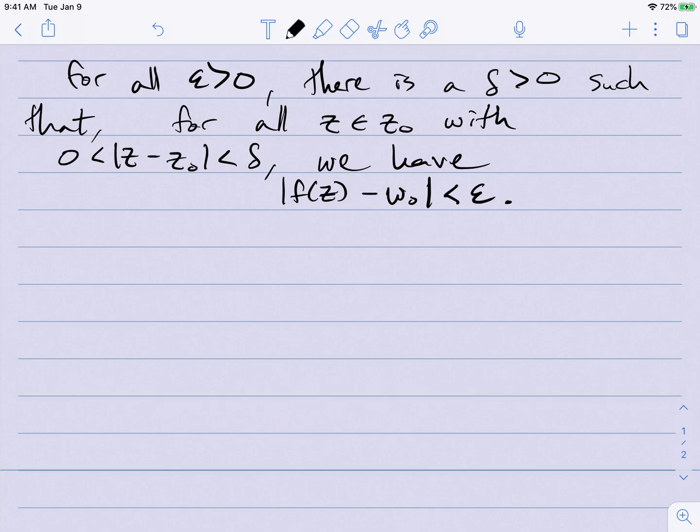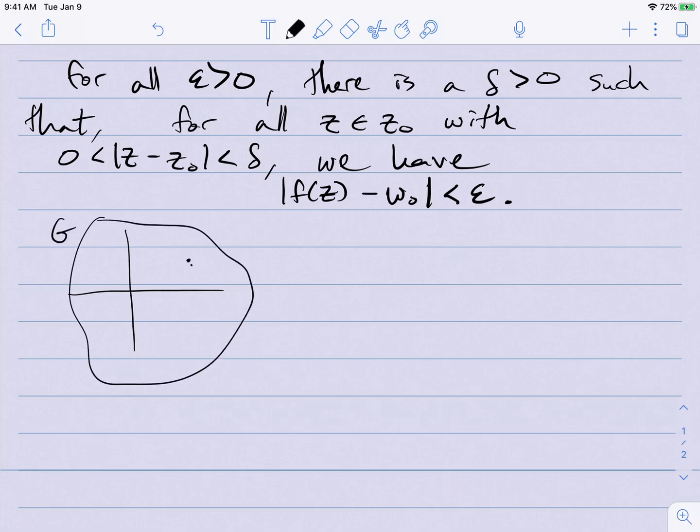Maybe it's worth saying, geometrically, maybe this is my set G, which contains some point z naught. What are all these points here? What am I really saying when I say that z minus z naught is less than delta and greater than 0?